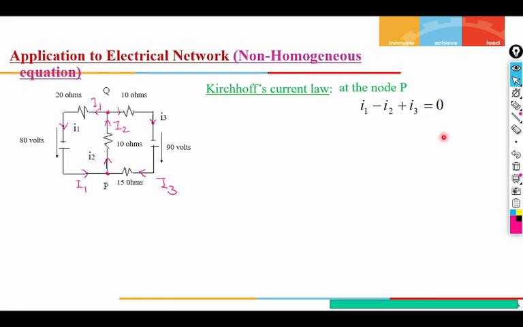Now we have to apply KVL to the loops of the circuit. One important thing is the direction of the loop. You can take it clockwise or anti-clockwise, but I generally prefer to take the direction of the loop along the direction of the voltage.